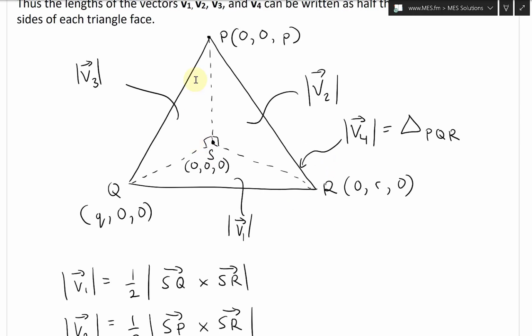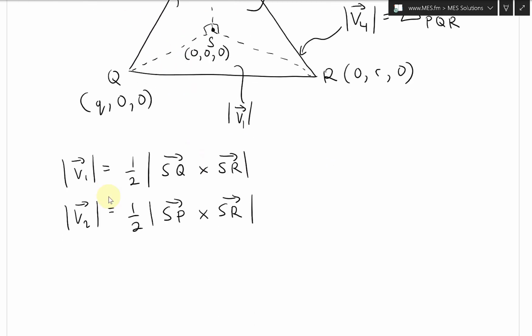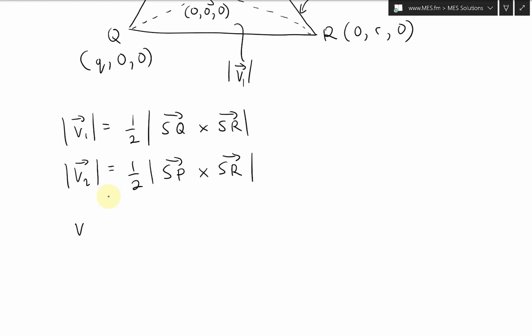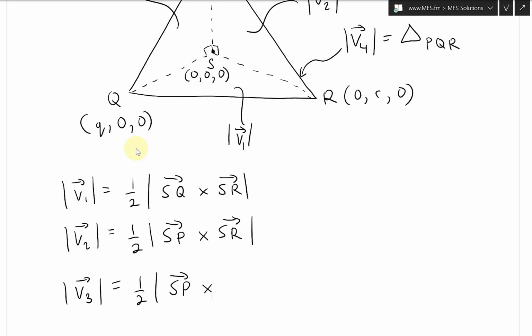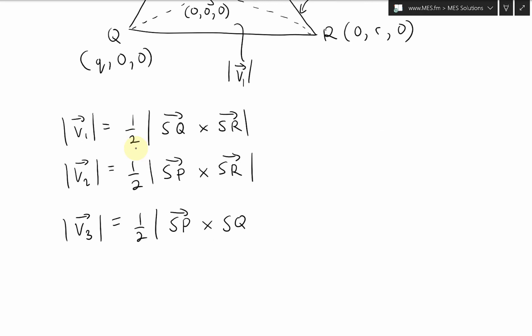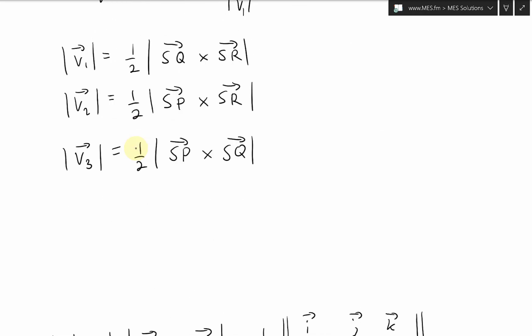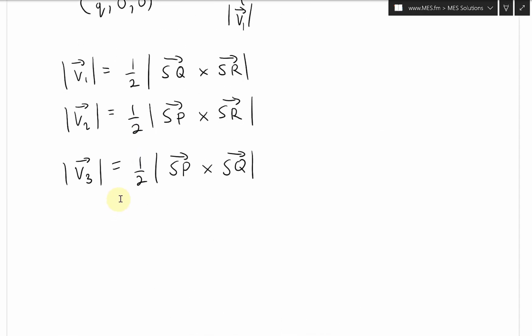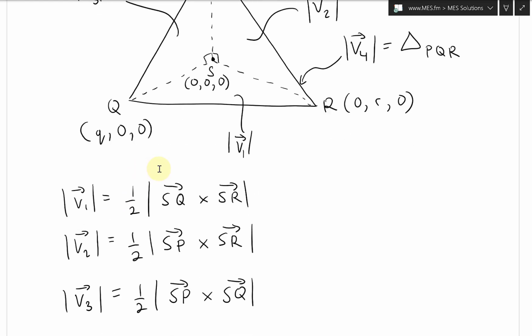And then lastly, for V3 here, we'll go from SP to SQ, like that. So V3 equals 1/2 the cross product SP cross SQ, like that. And then lastly we'll look at V4.